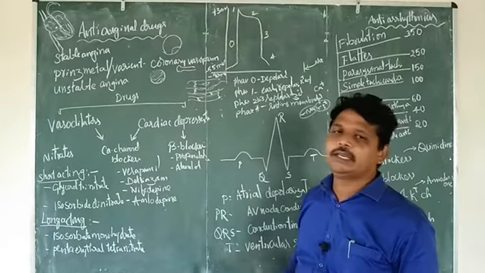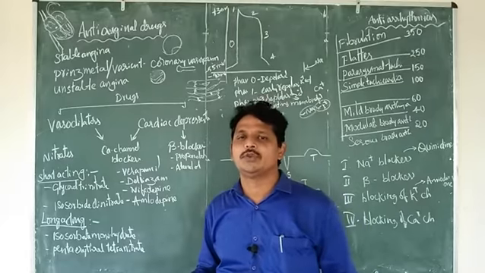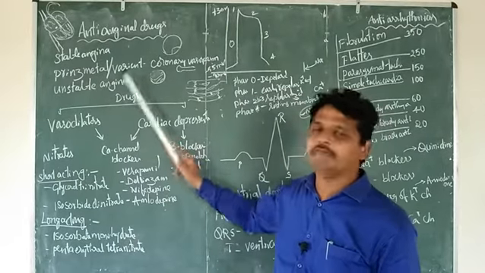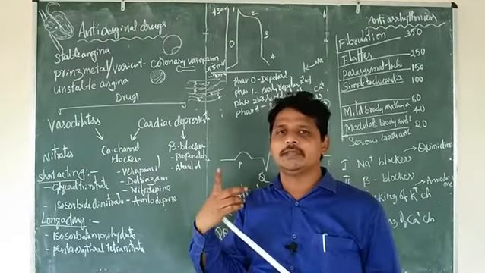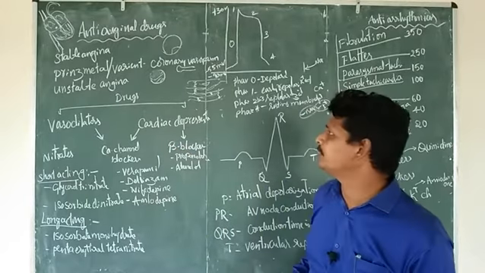That leads to decreased oxygenated blood supply, and because of that the individual feels pain. It is called Prinzmetal or variant angina. If sufficient oxygen does not reach the brain or the heart, the individual is going to suffer.